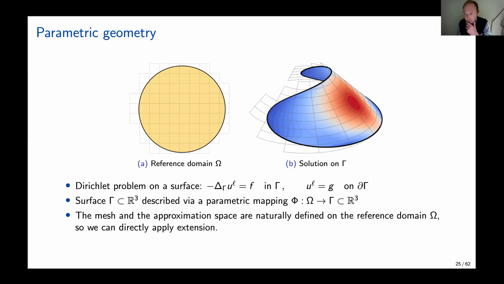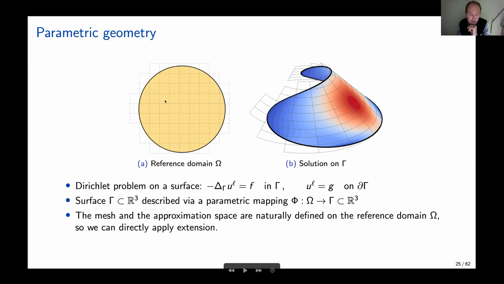So this is quite general. In a mapped situation, we can also apply it by mapping back to the reference domain, doing the extension in that setting, and pushing it forward. Here we have solved the problem on a surface, which is obtained by mapping this reference domain.